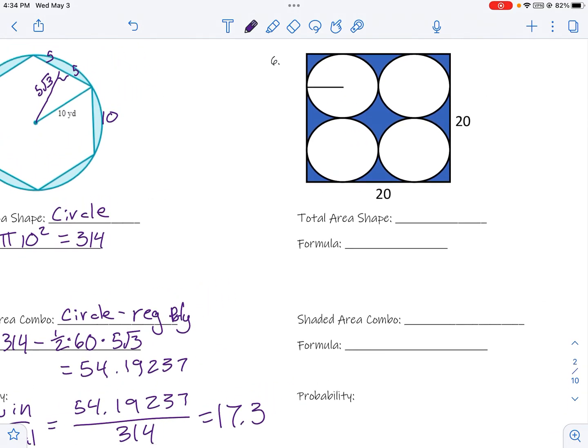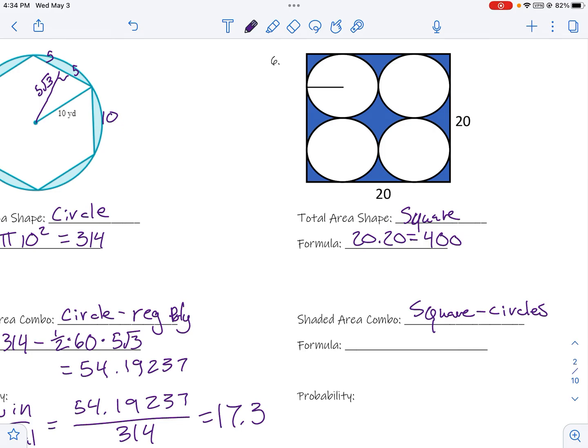Number 6, total area shape is a square. The formula is 20 times 20, which equals 400. The shaded area combo is the outside minus the inside. I don't need to write that out. I can do square minus circles.